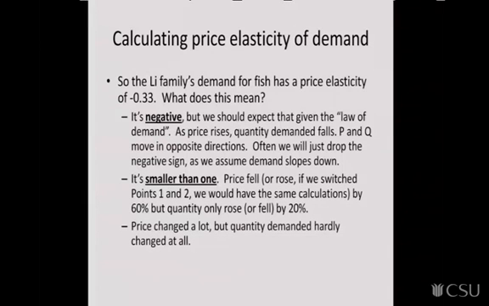If it had a positive price elasticity, you'd be saying that for this good, if I raise prices, people want more. The law of demand, in a sense, rules that out. And economists have looked for goods like that, and we don't really have any reliable cases where we can say someone jacked the price up and people wanted more. So we drop the negative sign and just express it as a number. In this case, 0.33 or 1/3.